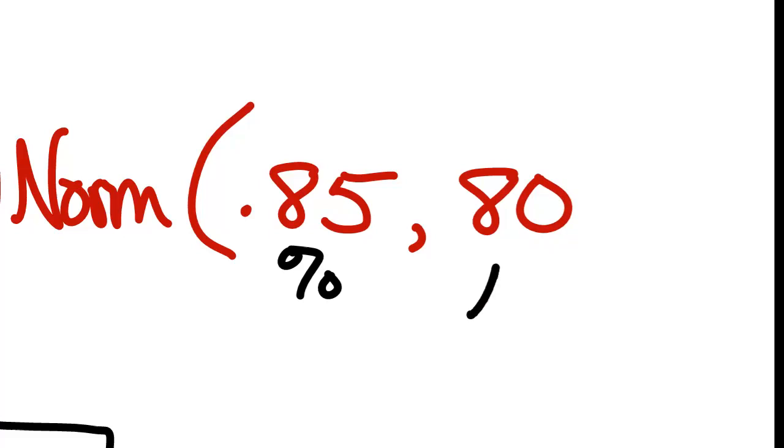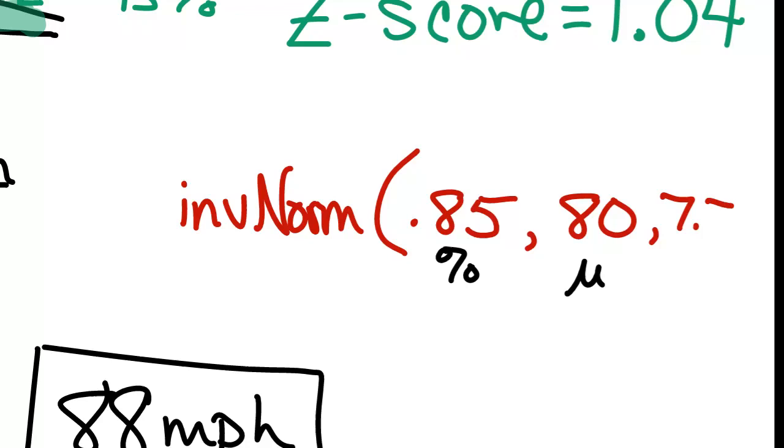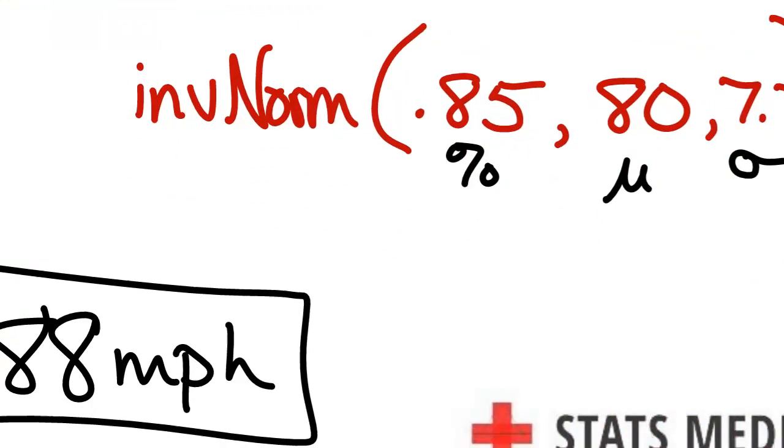So 80, mu, comma, 7.7. There's my sigma. I would write it down just like this, and I would label it just like this. If you have the picture together with this information and your final answer, that is considered full amount of work.